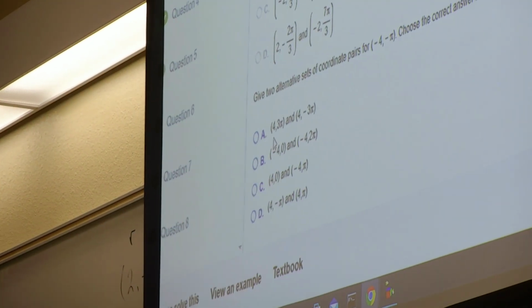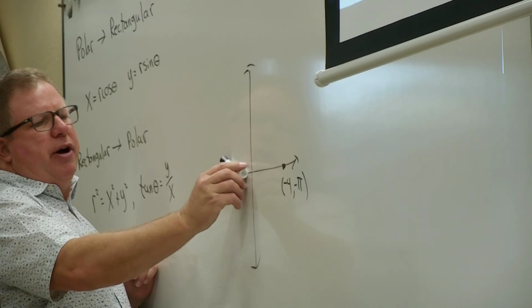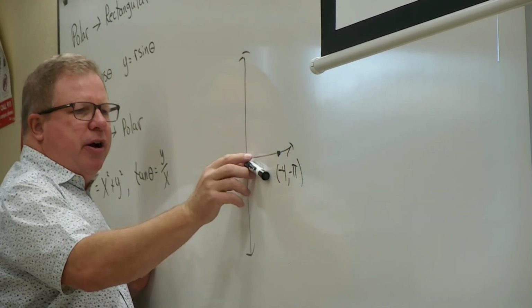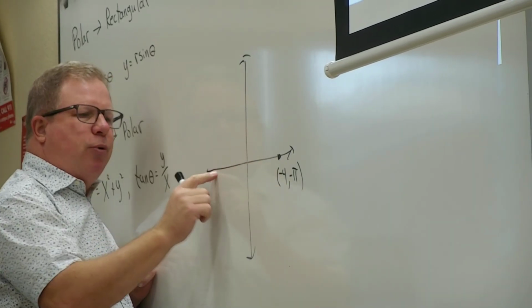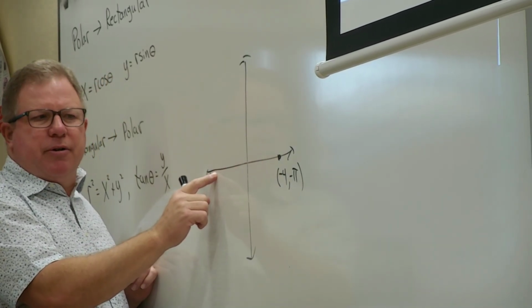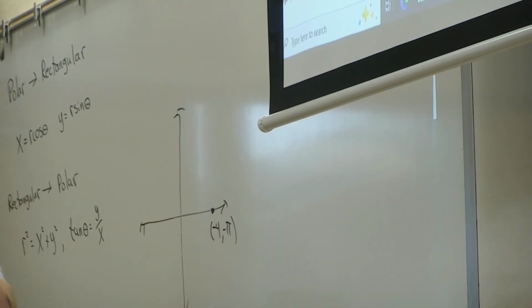This one, 4, 3 pi. There's 1 pi of rotation, 2 pi of rotation, 3 pi of rotation. And then 4 puts us out here. That's not a match for that. That make sense? So it cannot be A.